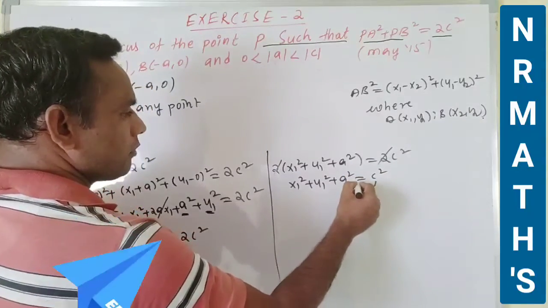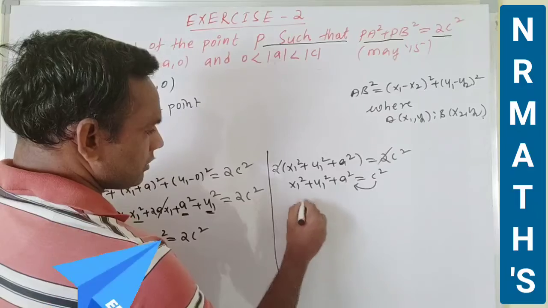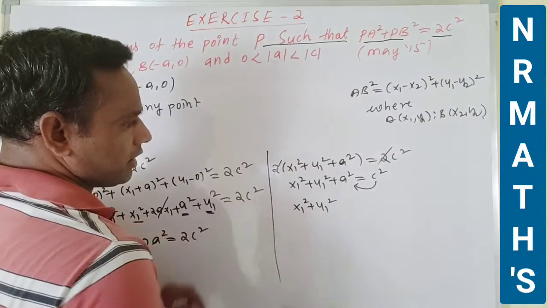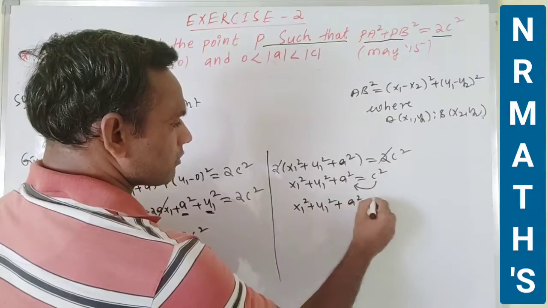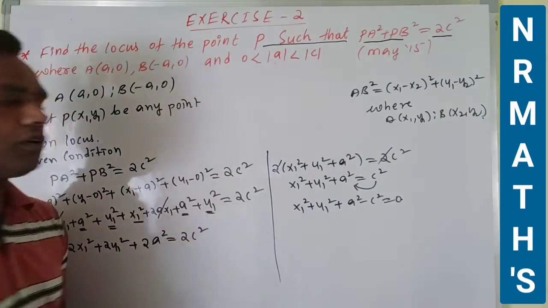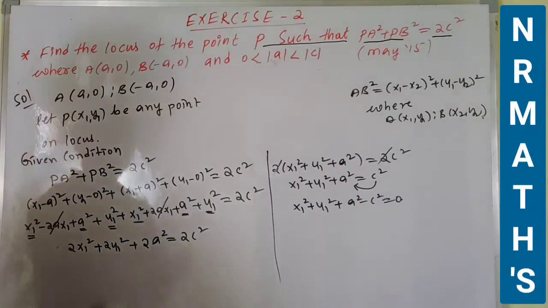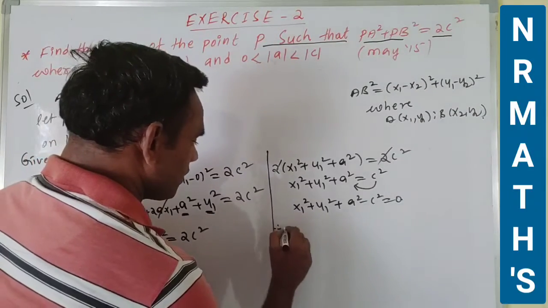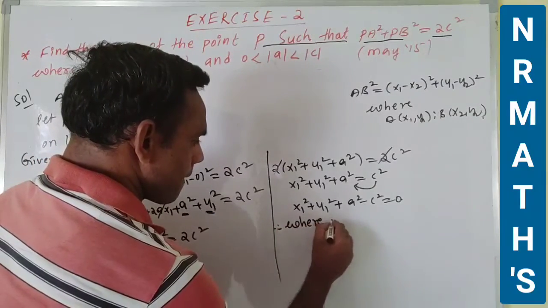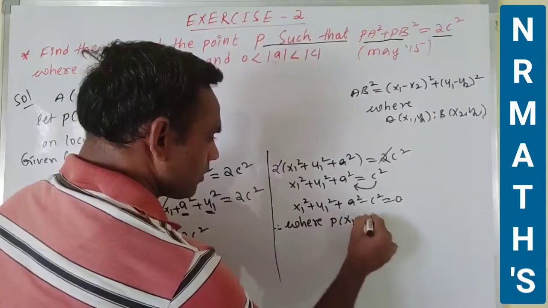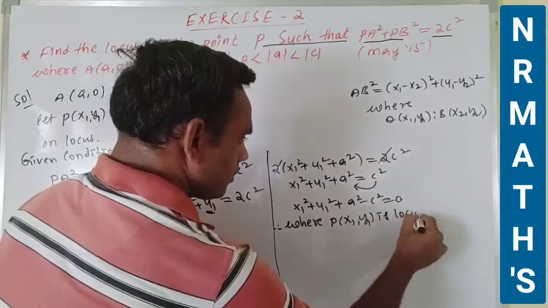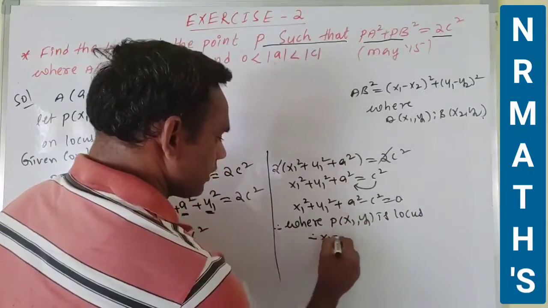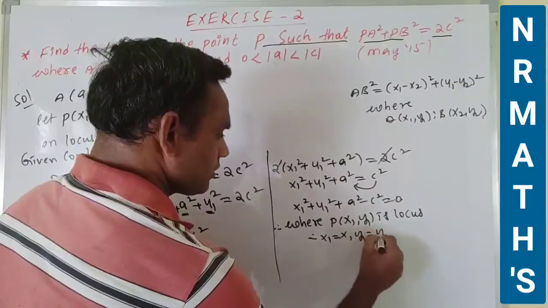Taking c square to the left side, x1 square plus y1 square plus a square minus c square is equal to 0. Now P (x1, y1) is the locus point, which means x1 is equal to x and y1 is equal to y.